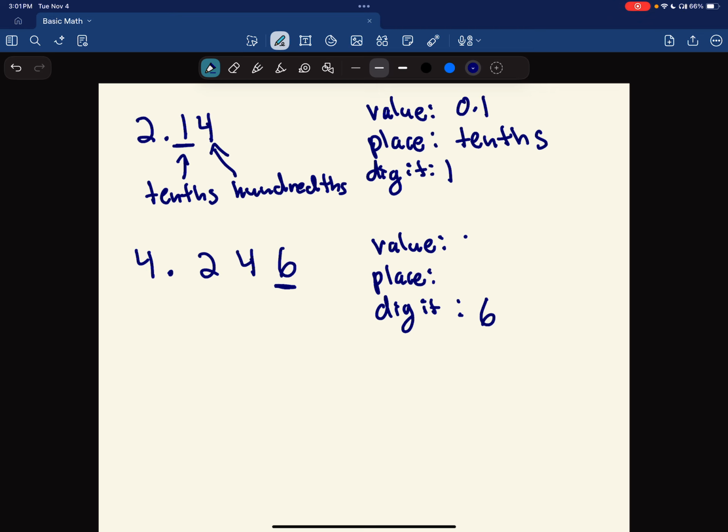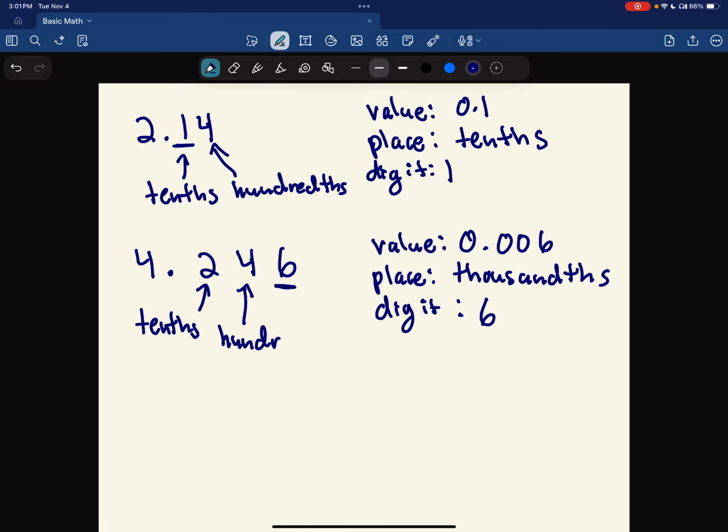The value is 0.006, right? So the digits 2 and 4 become zeros. And the place is going to be the thousandths place. Right? So remember, the first digit after the decimal point is tenths. Then the next digit is hundredths. And then the third digit is thousandths.